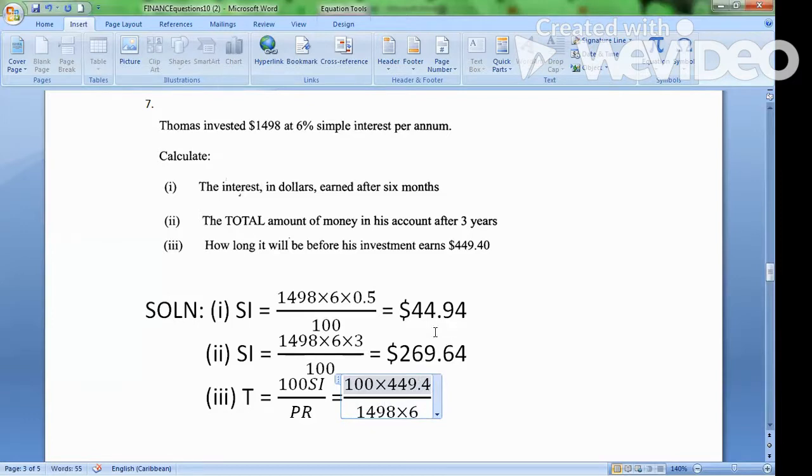Sir, the simple interest, the 449.4. Is it the 449.4? Yes, sir. That is the simple interest that you want to earn. The 44.94 is what you're earning in half a year.